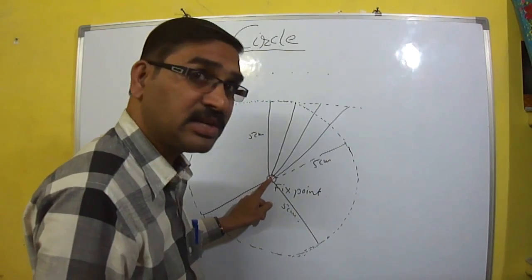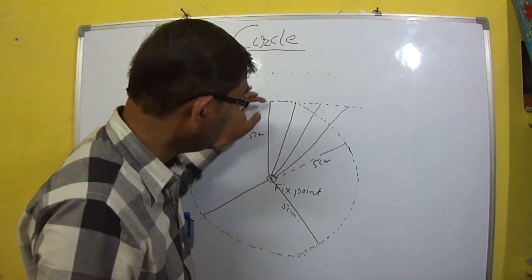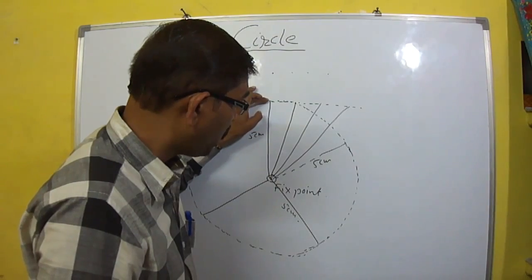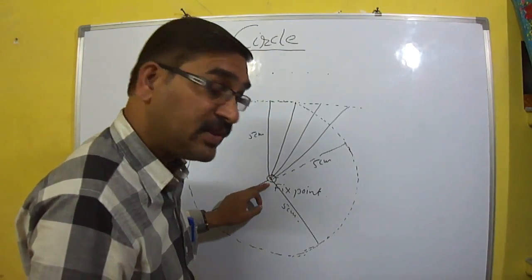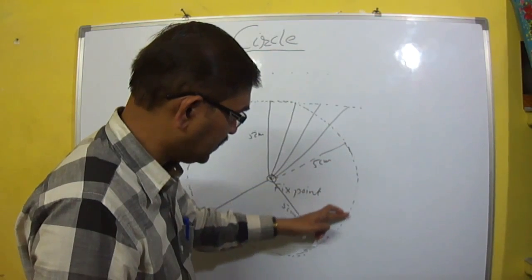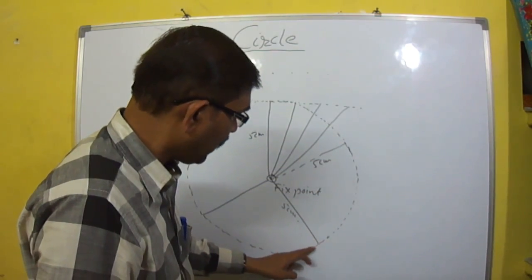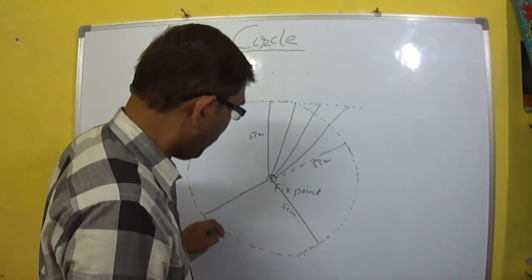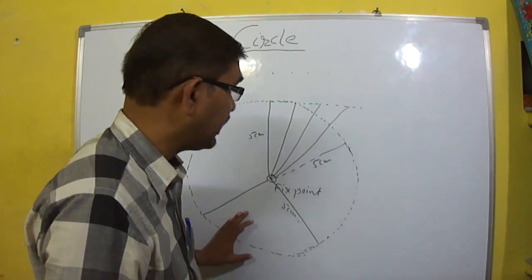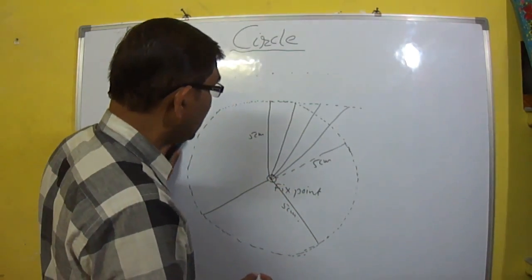This is a constant fixed point. कोई भी आप point ले लो, और ये वाला point जो भी ये curve पे रहेगा और fixed point से जो भी distance रहेगा वो always आपको constant रहना चाहिए. इस तरह से आपको ये circle मिलेगा.